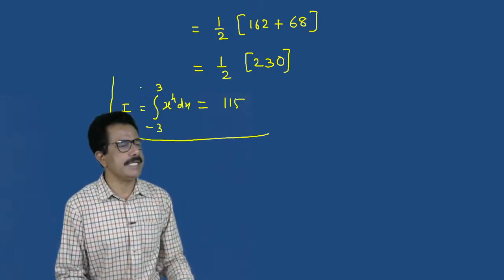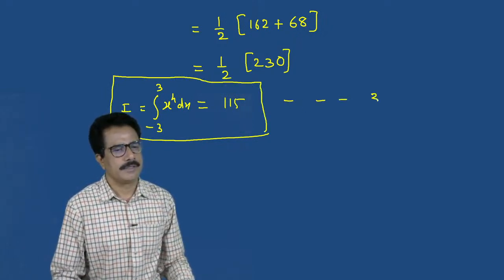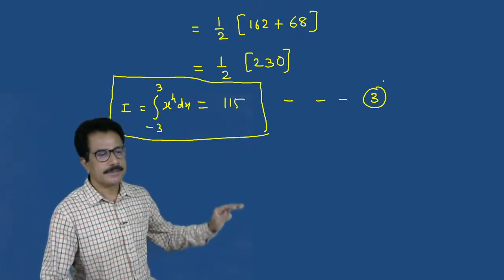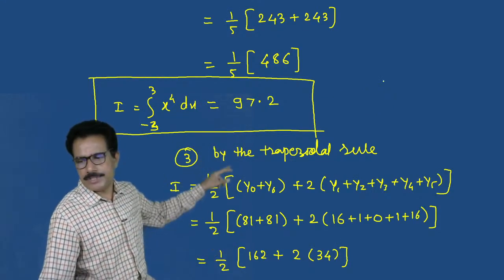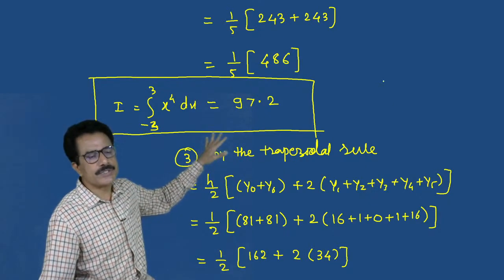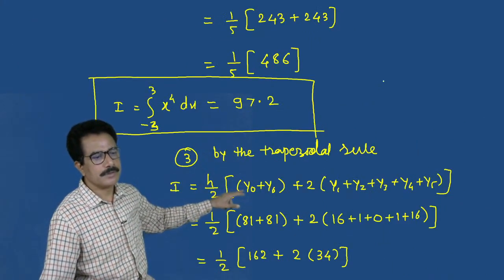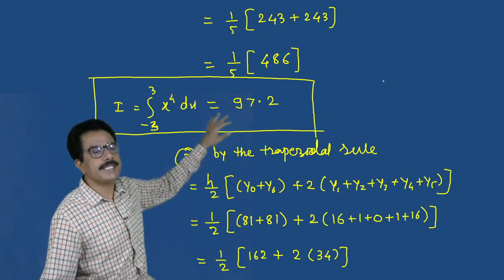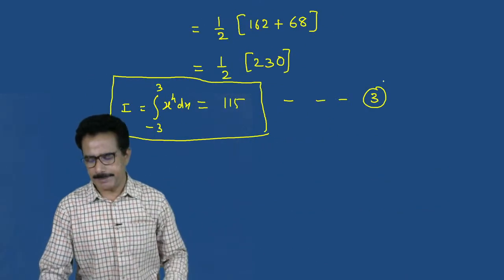This result is by using the trapezoidal rule. By using the trapezoidal rule we can write this value; this is 98 by using Simpson's 1/3 rule. The exact value is 97.2 and the trapezoidal rule, 115 येते.